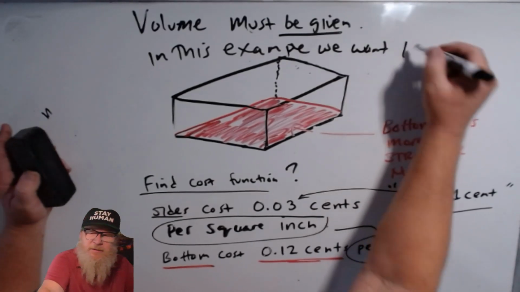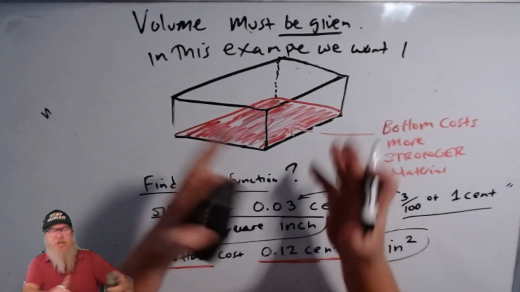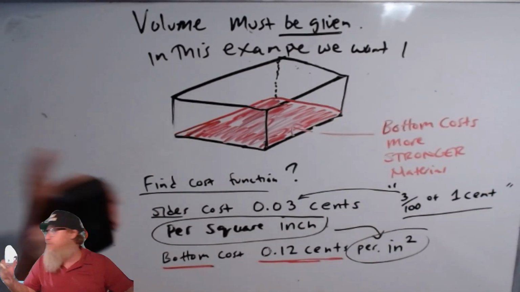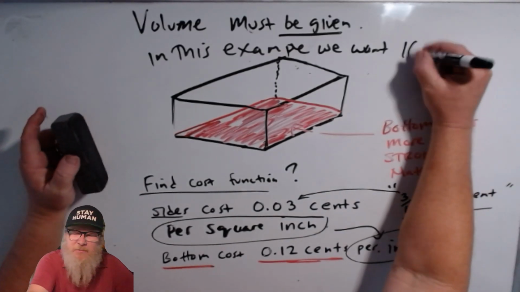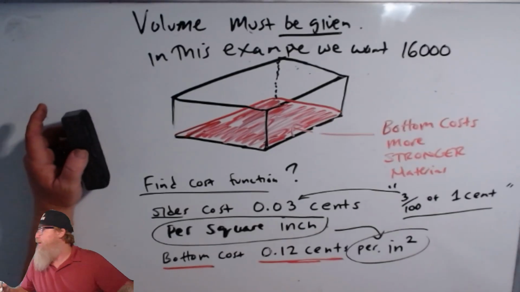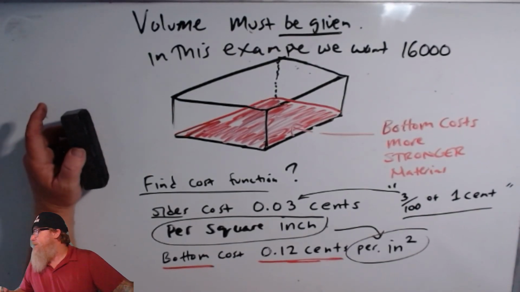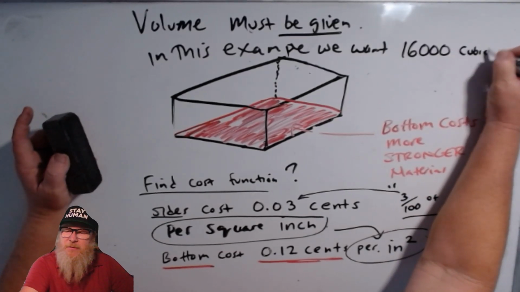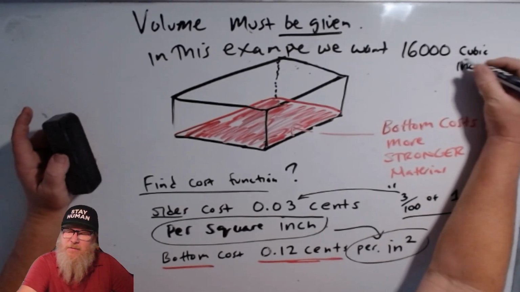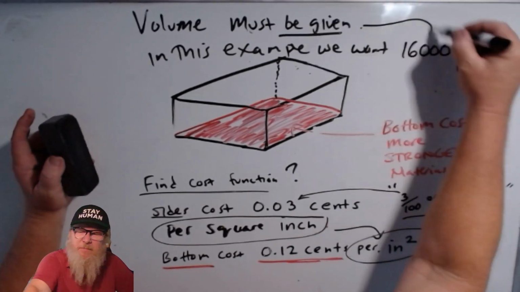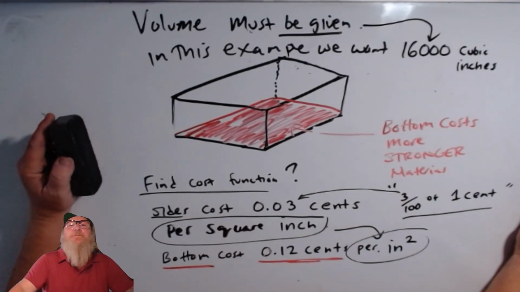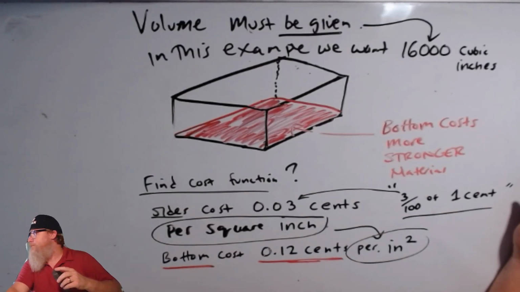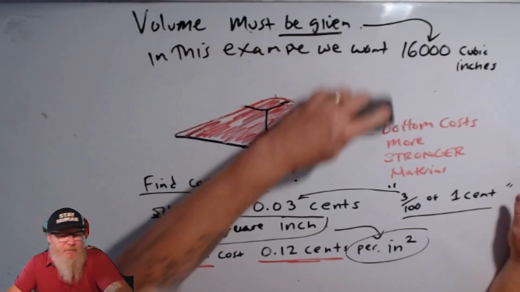So I have to give you what's the volume of apples or the volume of avocados or lettuce or whatever that's going to fit in there, or mail. 16,000 cubic inches. So this must be given in the problem. Otherwise, we can't do it. All right, let's do it.